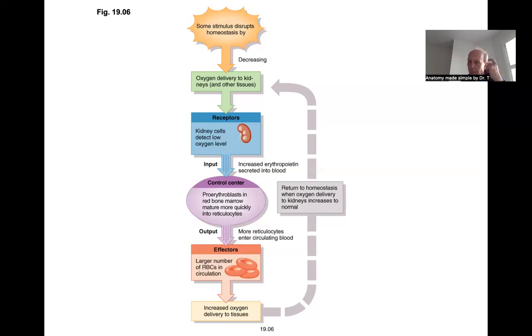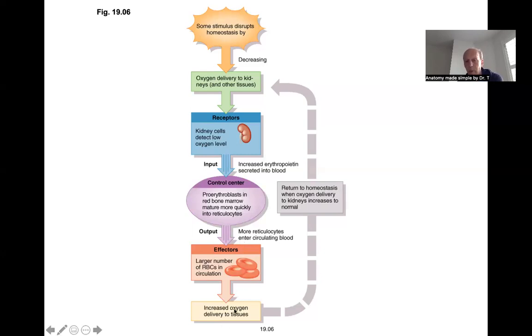Keep in mind, between 4.5 to 5.5 million per microliter of blood. Of course, more red blood cells means more hemoglobin-containing structures within the blood, more oxygen to be bonded, more oxygen to be delivered to tissues.